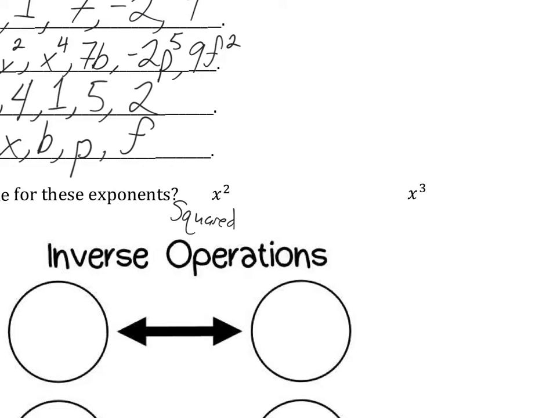Or if you hear me say x squared, that just means it's to the second power. X to the third power. What is another word for that? It's cubed. So if you hear me say something is cubed, that just means it is to the third power.